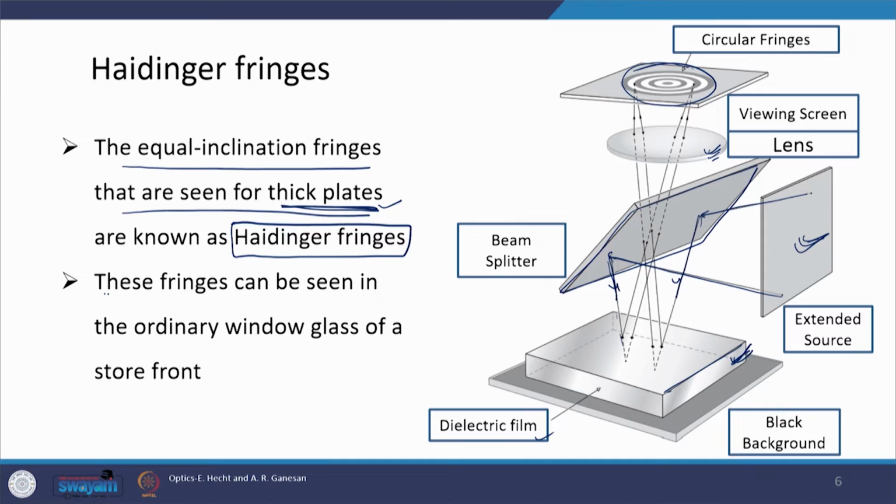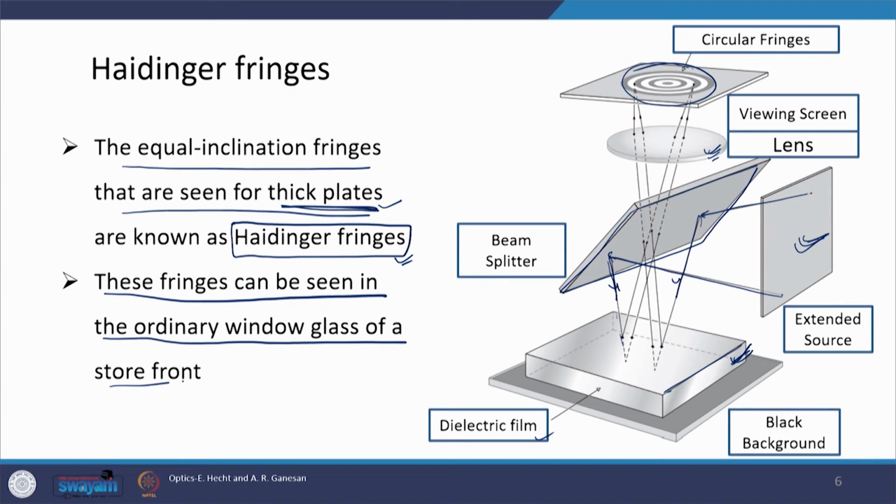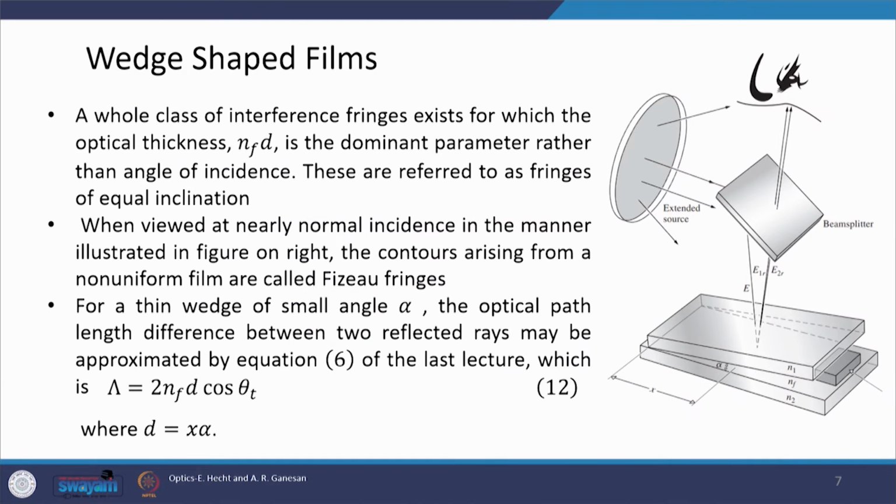For the Haidinger fringes, the angle of incidence must be either equal to or very close to 0, or the rays must fall on the glass plate almost normally. And these fringes can be seen in an ordinary glass window also, or the glasses which are installed on a storefront. These are called Haidinger fringes. Just remember normal incidence and the thick glass plate.